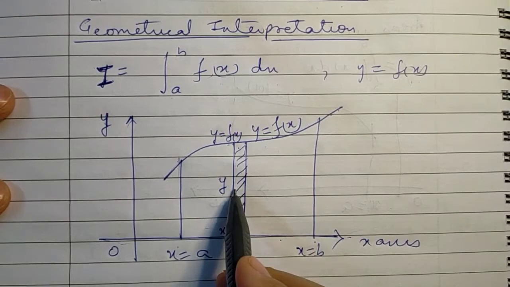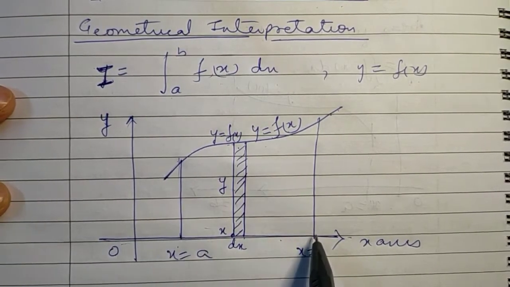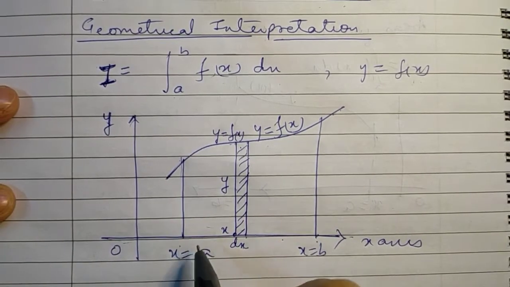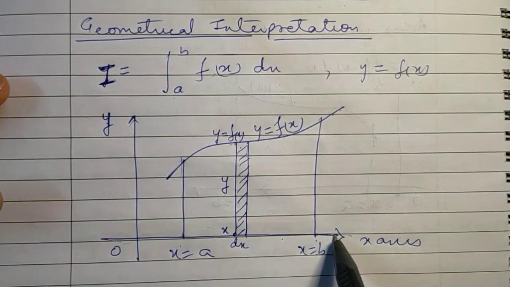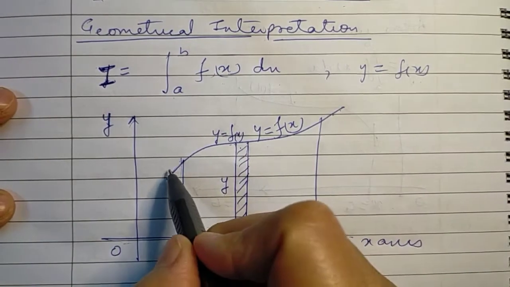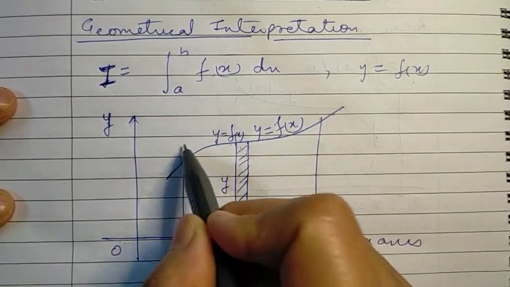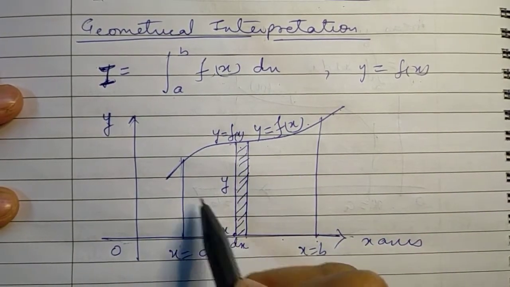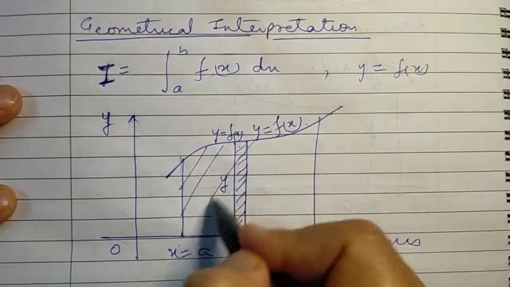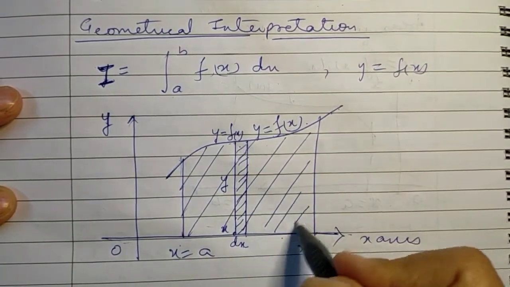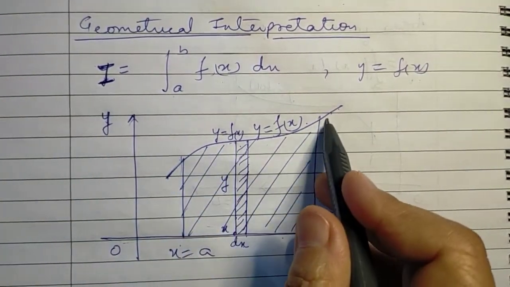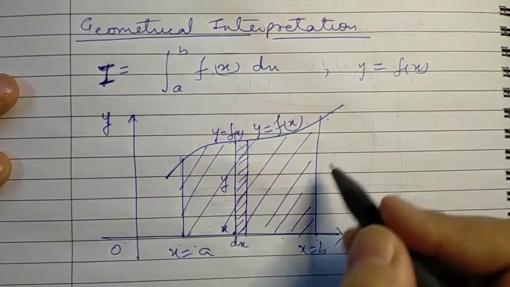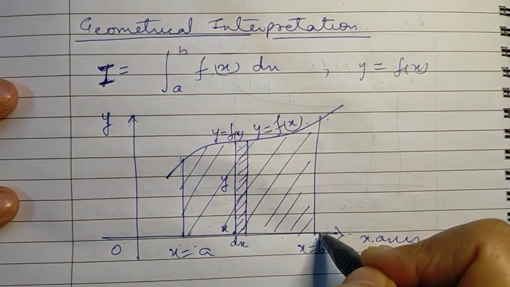If we drag this strip from x equal to a to x equal to b in such a manner that the lower end always travels along the x-axis, whereas the upper end always remains on the curve, then this strip will cover this entire region which is enclosed between the curve y equal to f(x), the x-axis and the lines x equal to a and x equal to b.